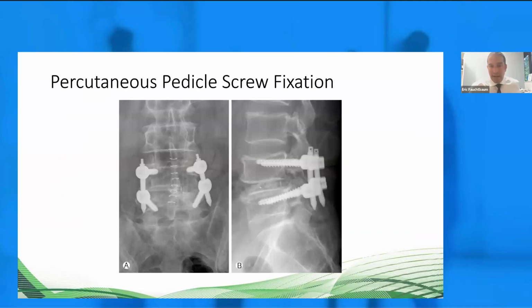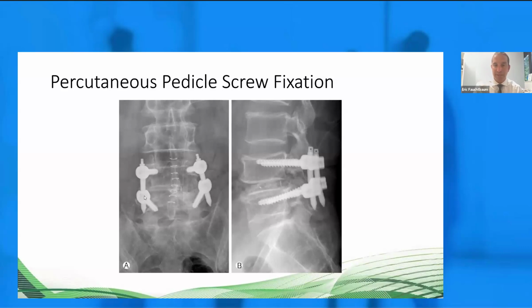So just like in open surgery, we sometimes need to stabilize a spinal condition with rods and screws, as you can see here. And again, through traditional open surgery, if you needed to place these four screws, it would be through a large midline incision. You'd have to peel the muscle off. However, through minimally invasive techniques, either using CAT scan with robotics or navigation or X-ray guidance, we're able to place these screws through very small incisions.